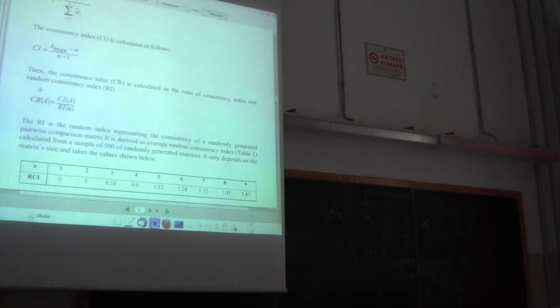And again, this Ci should be 0 if the matrix is fully consistent. And if it's not 0, there is some inconsistency. And therefore we have to evaluate if the inconsistency is tolerable.